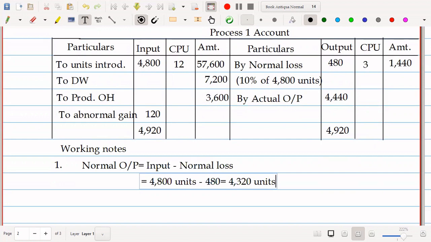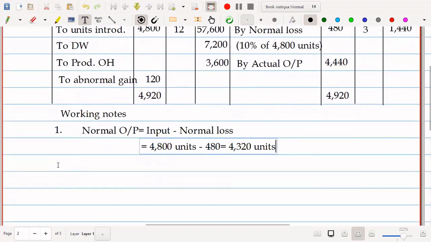Now let's calculate CPU. Second one, CPU. CPU is equal to total expenses minus scrap value divided by normal output.